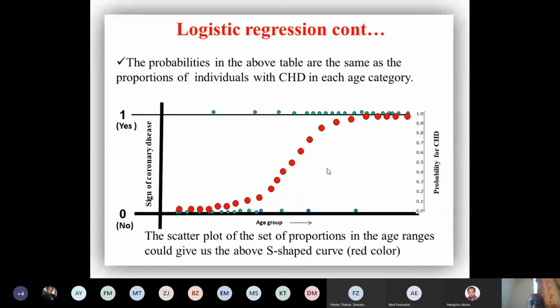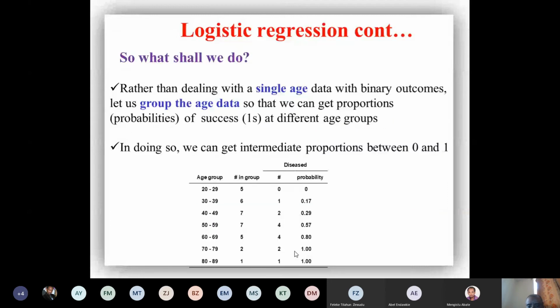If you see the probability, it increased from 0, then 0.17, and so on, finally 1. Of course, unfortunately, here we have a sample size of 13. If your sample size is very large, like 1,000 or 2,000, and your age groups are very small, like months or weeks, and you have a number of groups, you will get such an S-shaped curve.